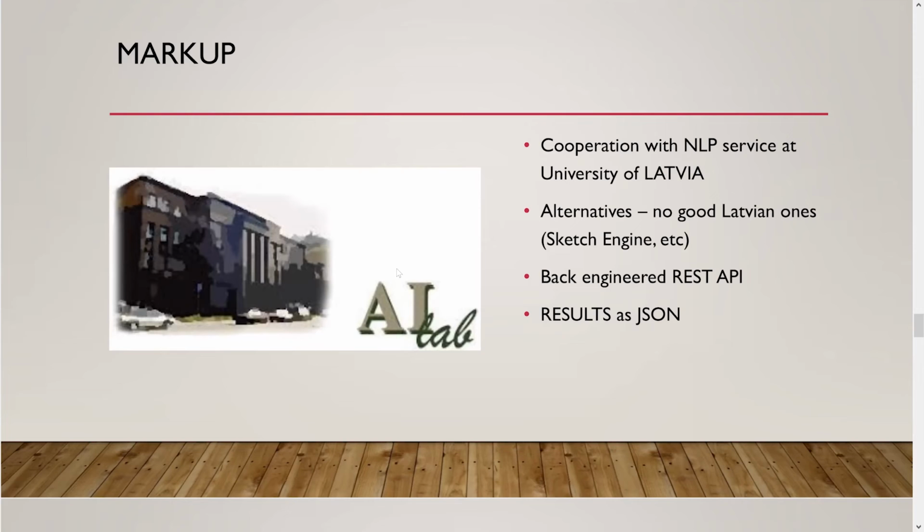There are spaCy, Sketch Engine, and other services, but the Latvian language is not quite well supported there. English is good, excellent, I'm sure, but Latvian is not there. So we use a research project at the University of Latvia Computing Center, which is basically a reverse-engineered REST API. It needed some work to use, and we get back results as JSON.